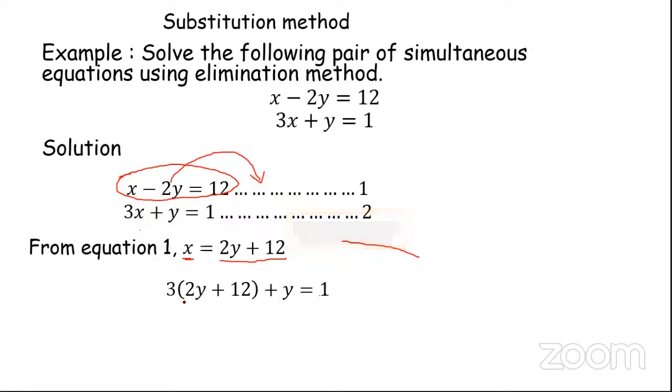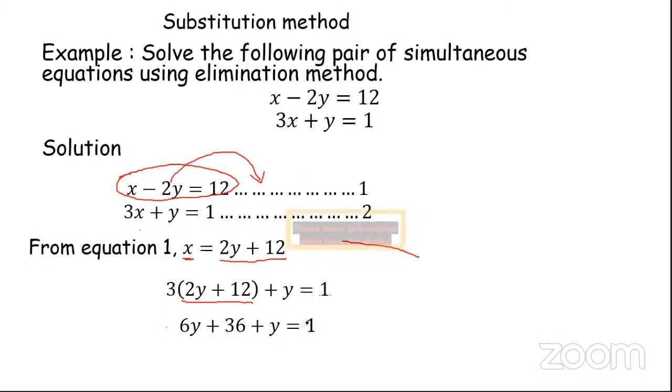With the x in equation 2, that would give us 3, where there was x, we have substituted there 2y plus 12. And then plus this y, which was originally there, is equal to 1. So here we open brackets. After opening brackets, 3 times 2y would give us 6y. 3 times 12 would give us 36.